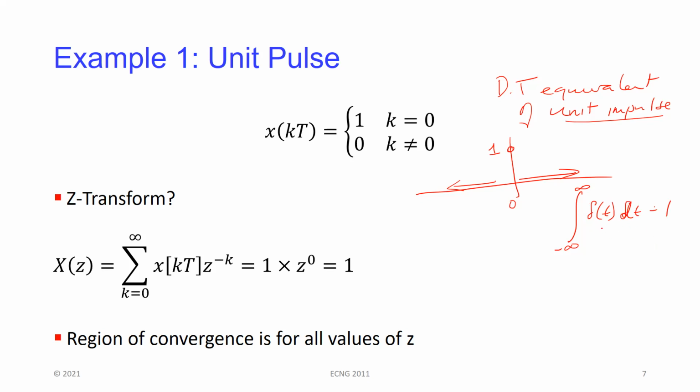And in reality, the continuous time impulse is supposed to be 0 width with an infinite height, which doesn't exist. The discrete time version is simply a value of 1, right? So no areas or anything involved, it's just a value of 1 at t equal to 0. And the Z transform of that is 1, right?